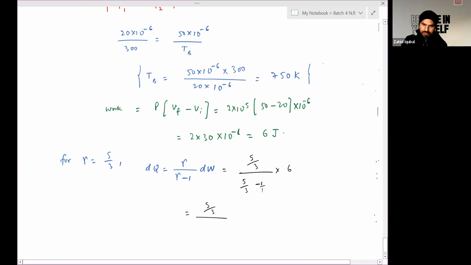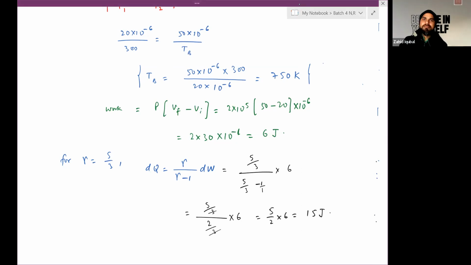On taking LCM to be 3, 5 minus 3 will be 2, divided by 3, into 6. This 3 and this 3 will cancel out. So you're left with 5 by 2 into 6, that will be 15 joule. Gautam, is it clear? Yes, sir.